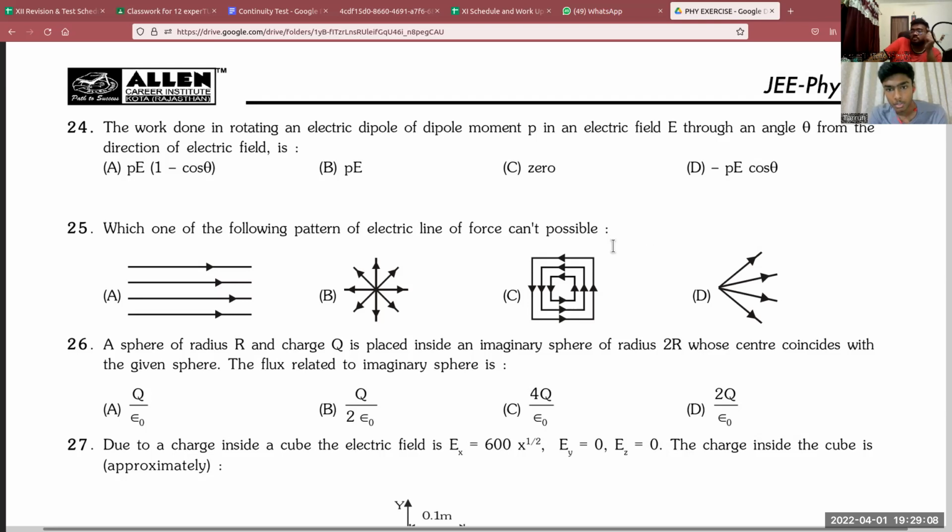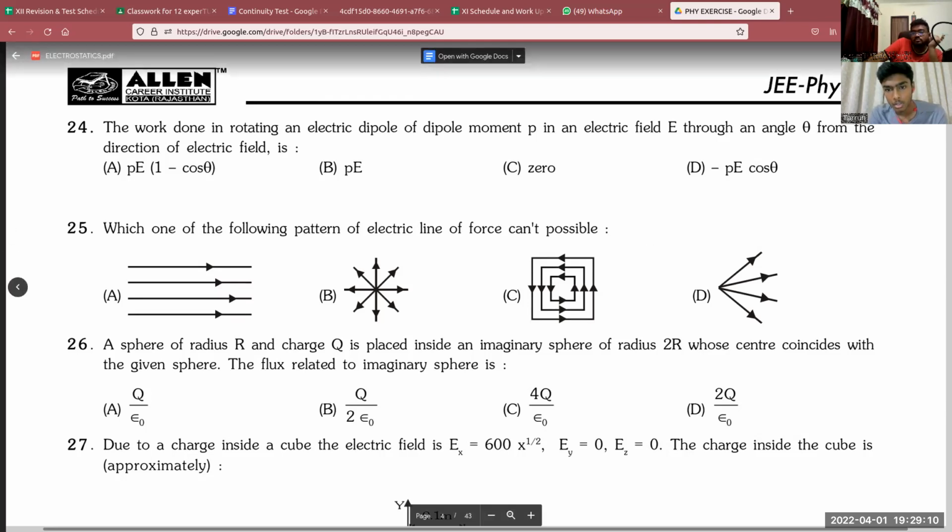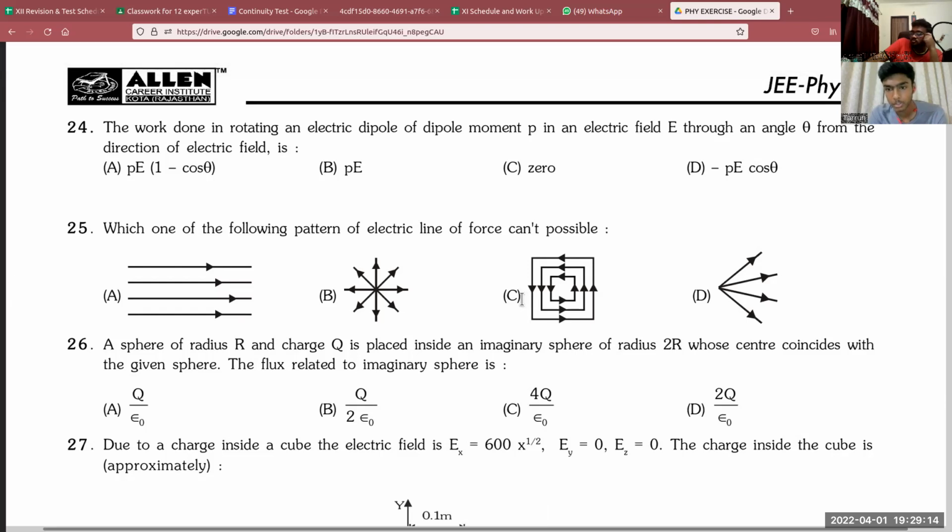Quickly say the answer. Because it's not a starting nor an ending point.